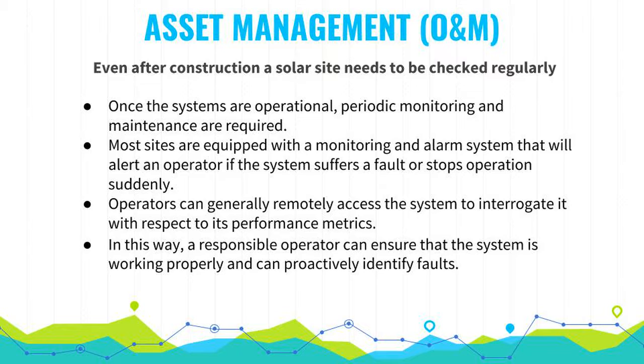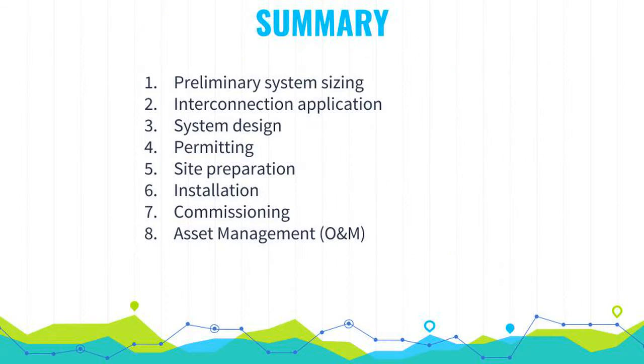Most sites are equipped with a monitoring and alarm system that will alert an operator if the system suffers a fault or stops operation suddenly. Operators can generally remotely access the system to interrogate it with respect to its performance metrics. In this way, a responsible operator can ensure that the system is working properly and can proactively identify faults.